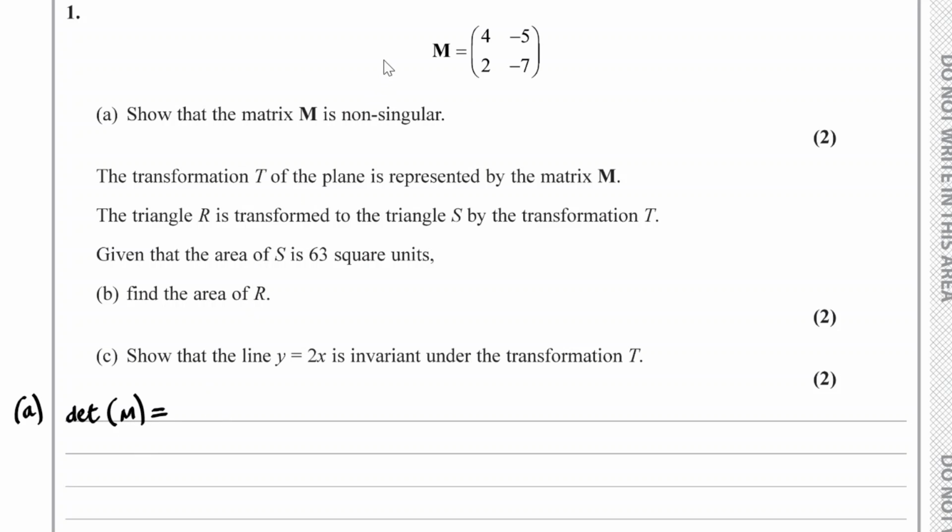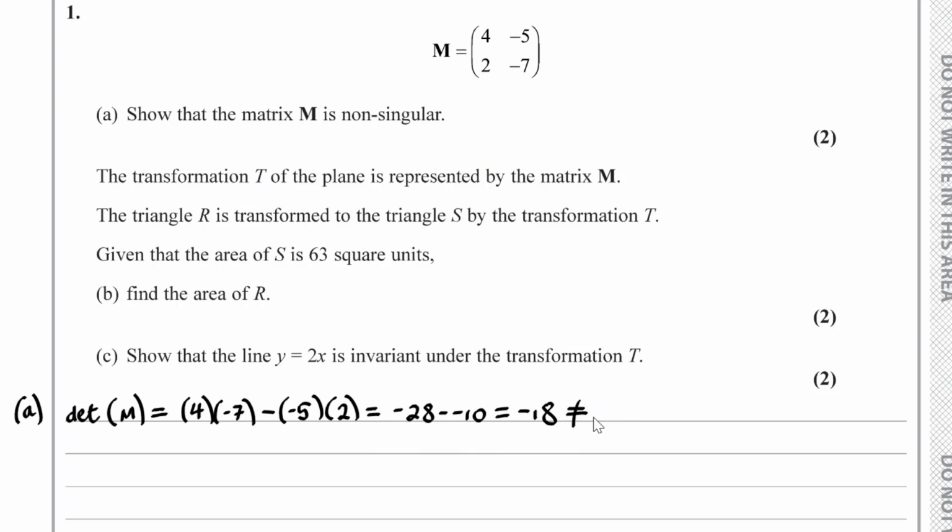So, we have 4 times by -7 minus 5 times by 2. And if we work this out, -28 minus -10, that's -18.